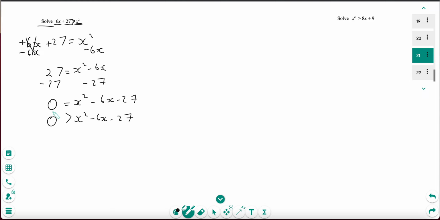All right, let's first solve this quadratic. To solve a quadratic, we must factorize using the column method. x, x. Cool.